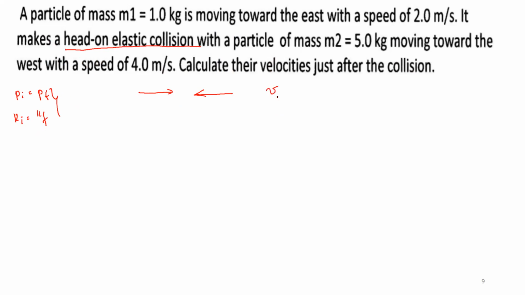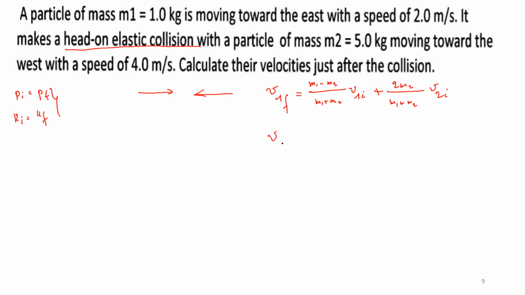You can write the final velocity for particle 1, if you remember correctly, is equal to what? It's in the formula sheet. It will be (m1 minus m2) divided by total mass, which is m1 plus m2, multiplied by v1 initial, plus 2m2 divided by total mass multiplied by v2 initial.